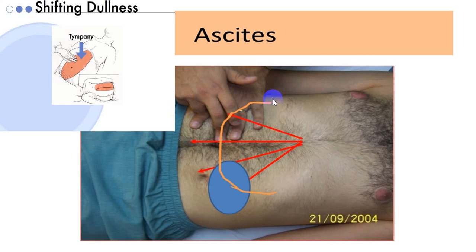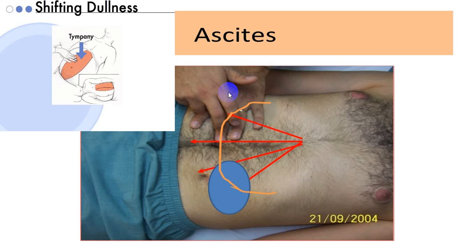So it gives rise to a horseshoe shape, so it is called horseshoe shaped dullness. And in the center, close to the epigastrium, you will have a coil of intestine which will produce a hyperresonant note.